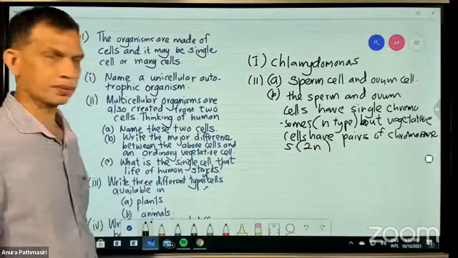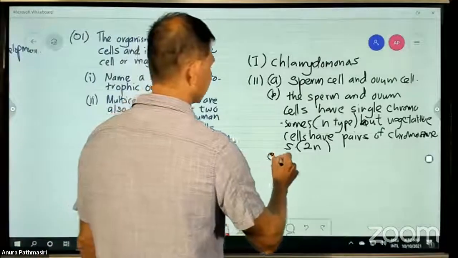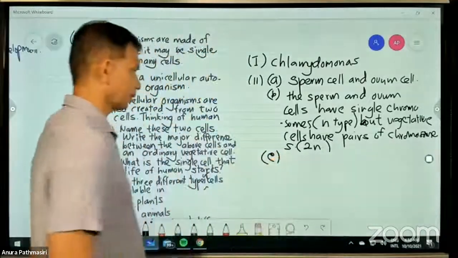That's the difference. N type and 2N type. There you go, summarize.